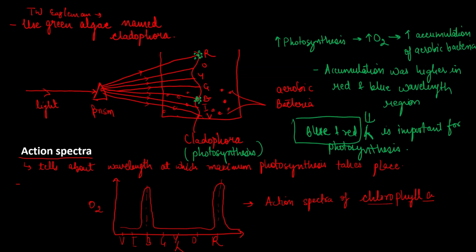So chlorophyll is what actually absorbs this light, or the pigments that are present in the plant leaves. These pigments absorb the light and lead to photosynthesis. So the action spectrum will be of the pigments, and here the action spectrum that I have drawn is of chlorophyll a. Okay. So this was one experiment that proved what wavelength of light is important for photosynthesis.